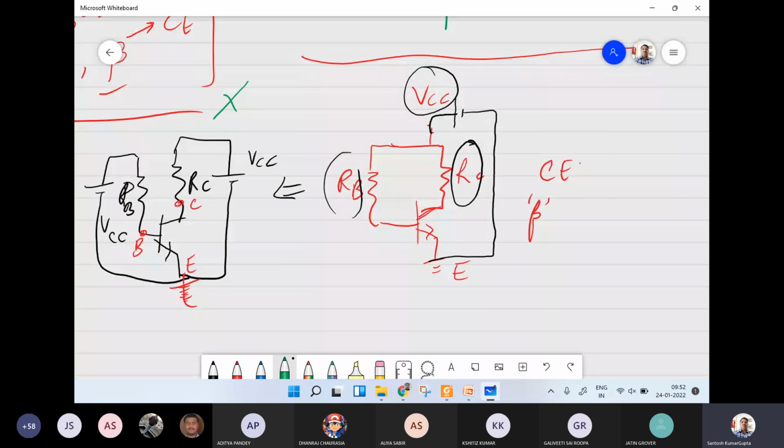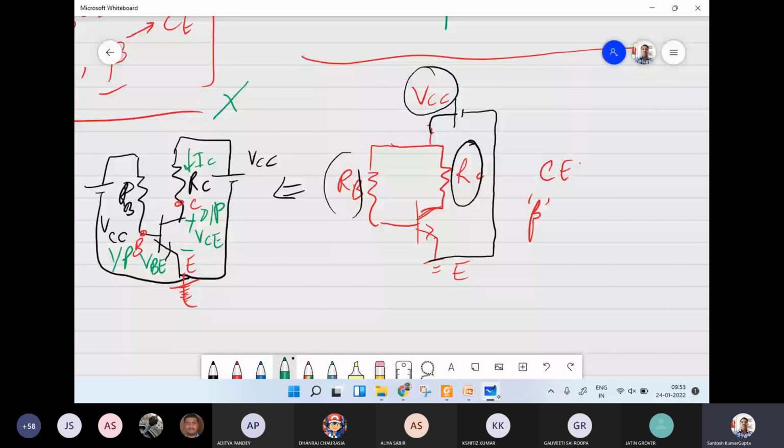So from here we can actually see clearly now two loops. One, the input loop and the output loop. The voltage across collector emitter is VCE, and the voltage across base emitter is VBE. Let us say the current through RC we have assumed IC, and through resistance RB we will have current IB.